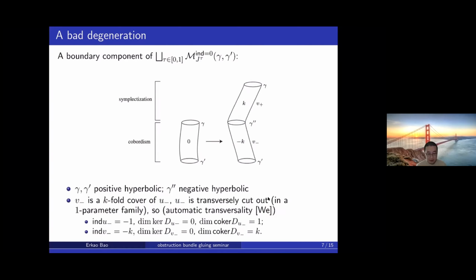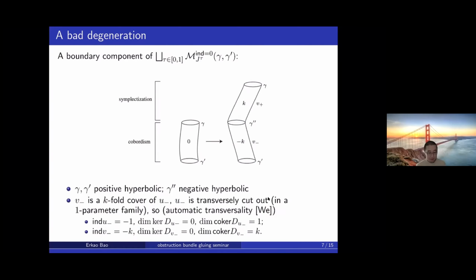So for generic J, that's expected. But because of the holomorphic curve, because we here allow multiple covers, since the U minus is there, then V minus is also there.